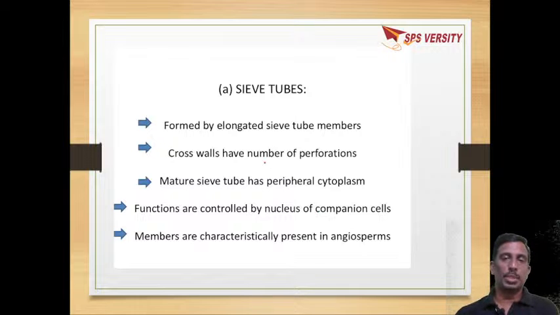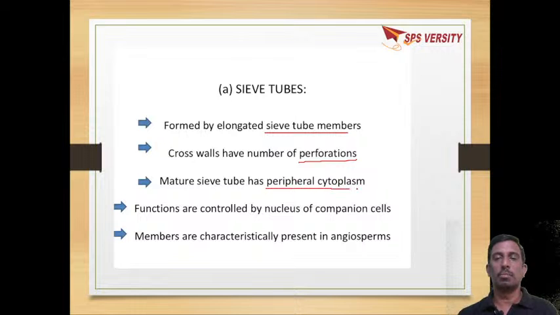The sieve tubes are formed by sieve tube members. Cross walls have perforations. और mature sieve tube में nucleus नहीं रहता, सिर्फ cytoplasm रहता. But they are living. इसको क्या बोलते हैं कि enucleated cells: living cells without nucleus.